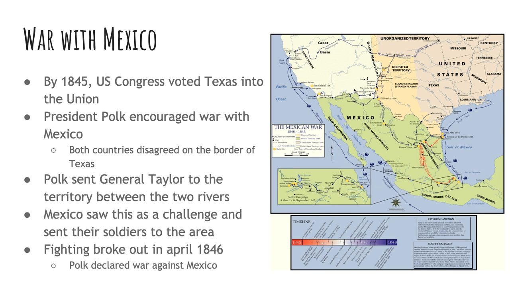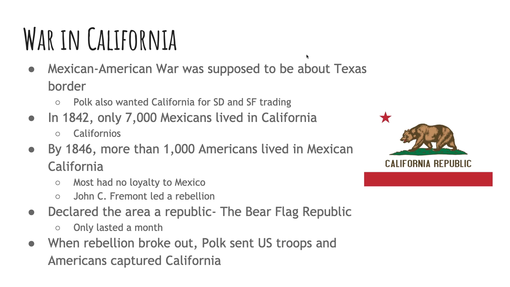So if we look back at this area, all of this was considered California back then. So even though they're fighting over land here in this area, okay, so this is where the Rio Grande is, Polk also wanted to acquire this land. So the motive of the war kind of changed. Yes, they wanted to set a clear border for Texas, but they also wanted to acquire more and more land.